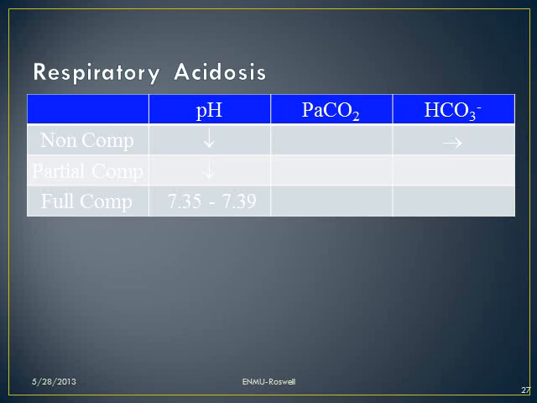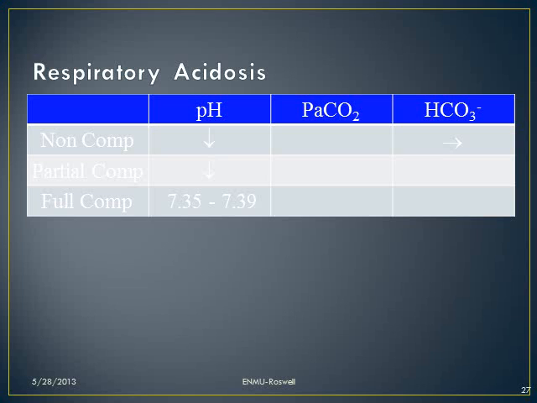So that's partially compensated. Now, here's where we get into what we classify as being fully compensated. If it's fully compensated, the pH will be in a normal range, 7.35 to 7.39. Notice it doesn't breach above 7.40, because if it did, then it wouldn't be acidotic.